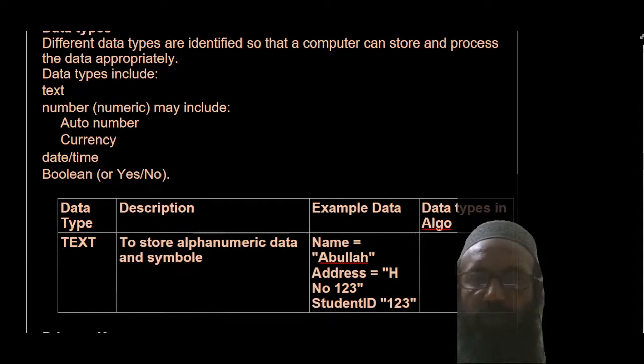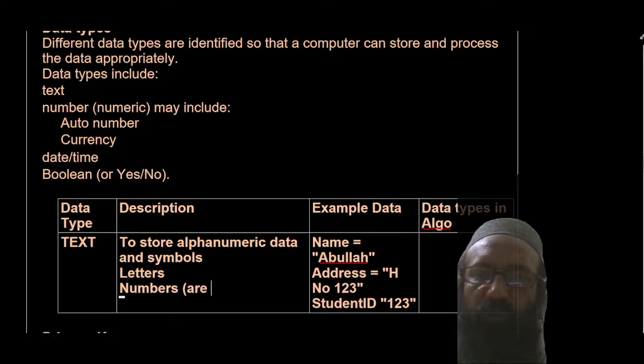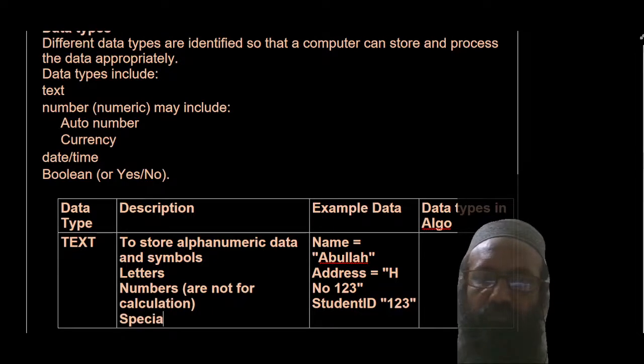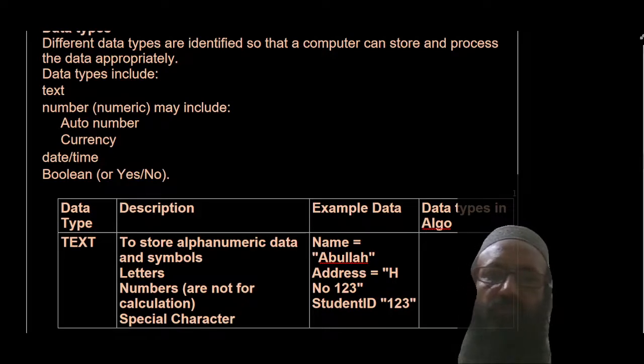Now, alphanumeric means in text we can store letters, we can store numbers, but these numbers are not for calculation. And we can store special characters like dollar, hash.